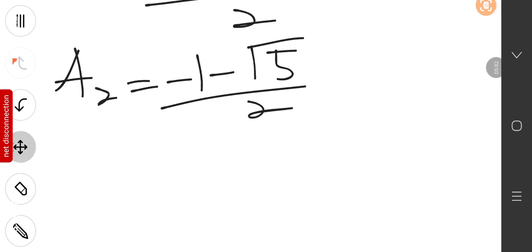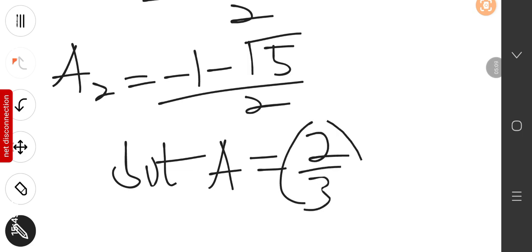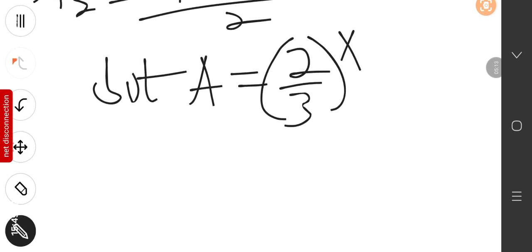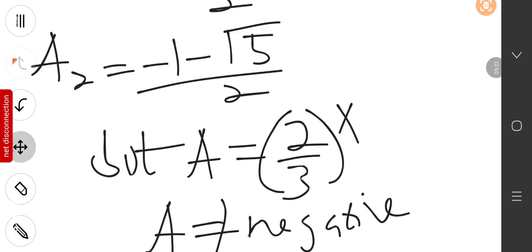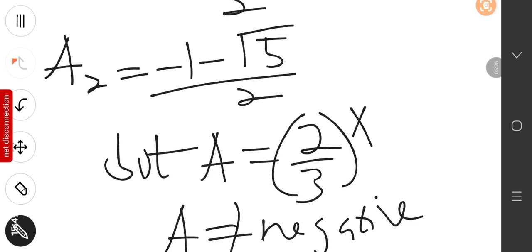All right. Now, but a stands for 2 over 3 exponent x. Now, by inspection, you can see a, or the value for a, cannot be negative. Okay, therefore, we cannot equate 2 over 3 exponent x to a2 since a2 is negative.